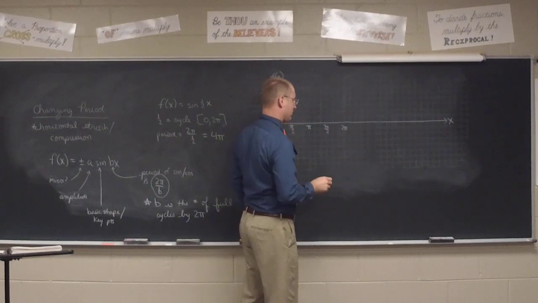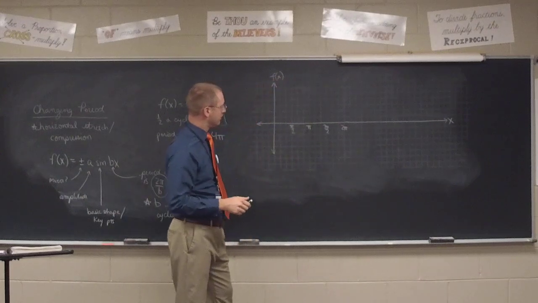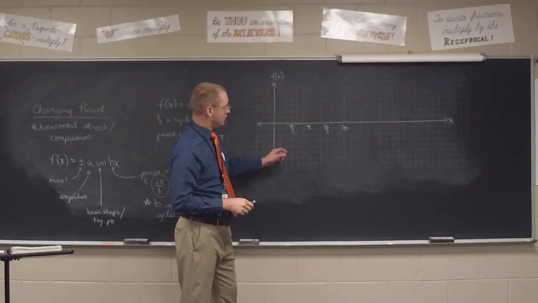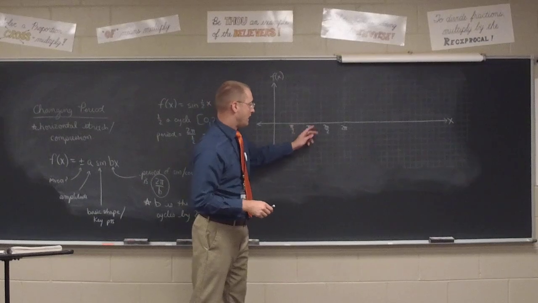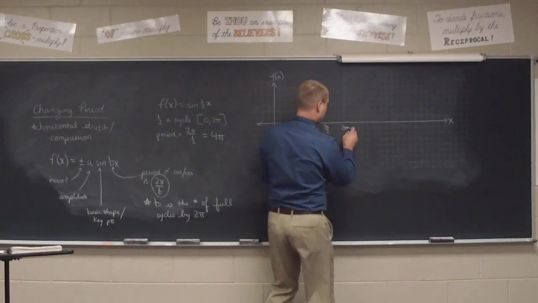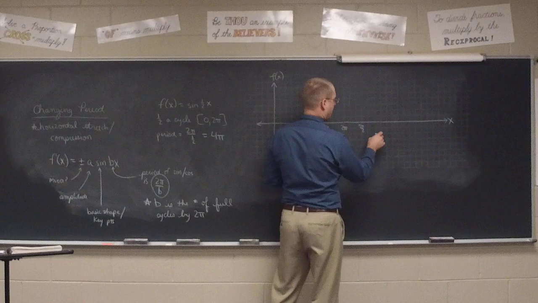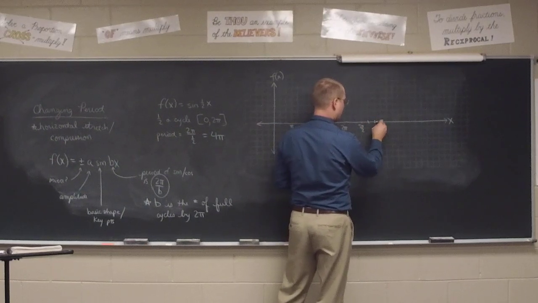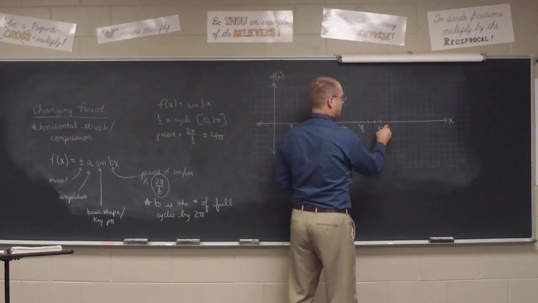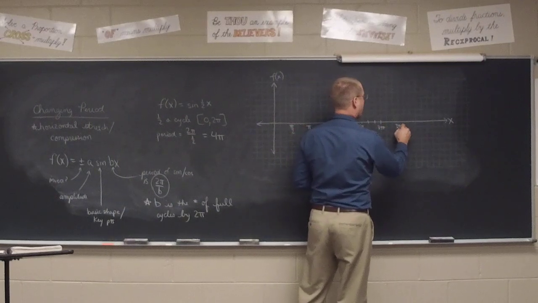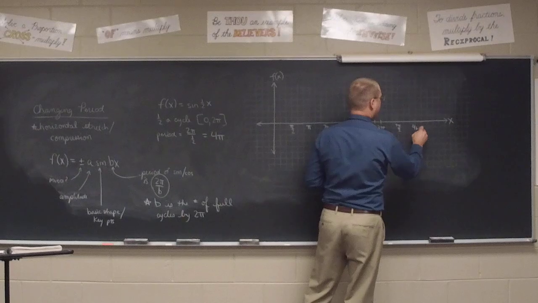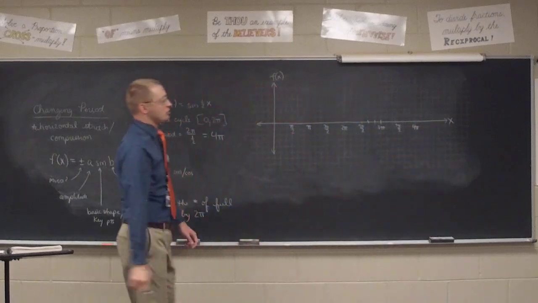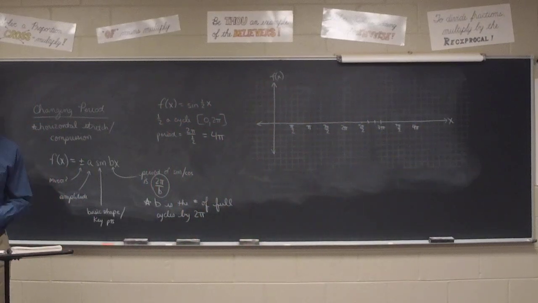What would be next? 5 pi over 2, which would be 3 boxes later. And then right here would be our 3 pi, and then 7 pi over 2, and then 4 pi. Here we go. All right, so 24 boxes over. I guess there are only 12 boxes to the 2 pi, right? So 4 pi would have.